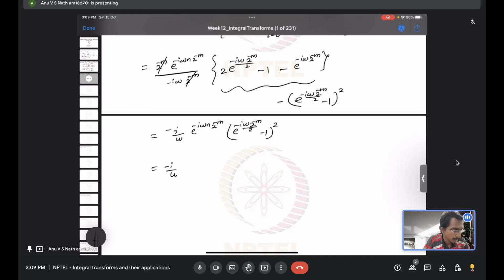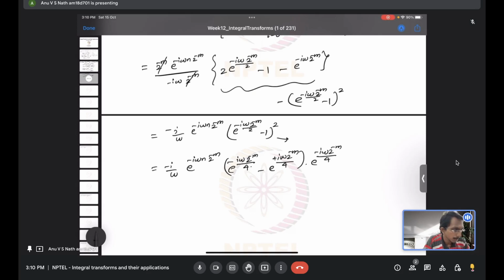Now here, e raised to minus i omega n 2 raised to minus m. So this term we will modify it a little bit, like e raised to i omega 2 raised to minus m by 2, or let's say this is minus 4, then minus e raised to minus i omega 2 raised to minus m by 4 times e raised to minus i omega 2 raised to minus m by 4.